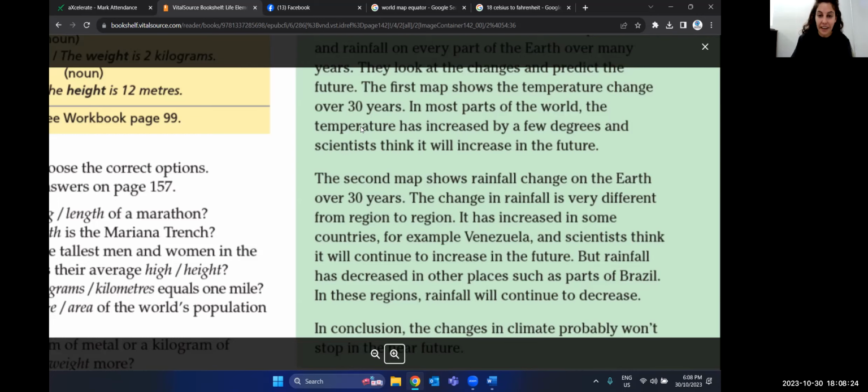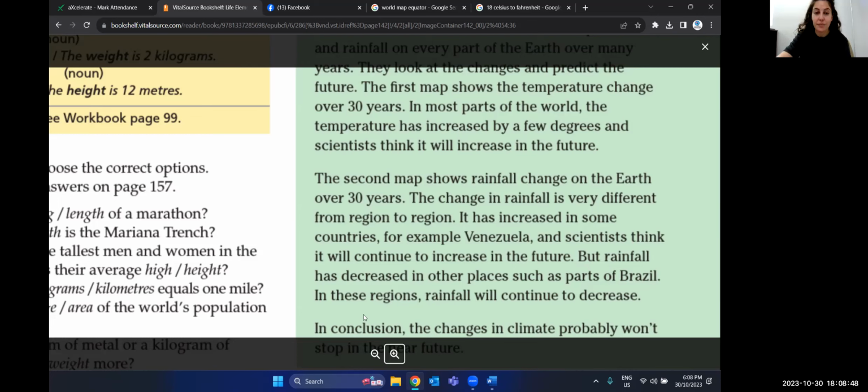So that just means from area to area. It has increased in some countries. For example, Venezuela. The scientists think it will continue to increase in the future.